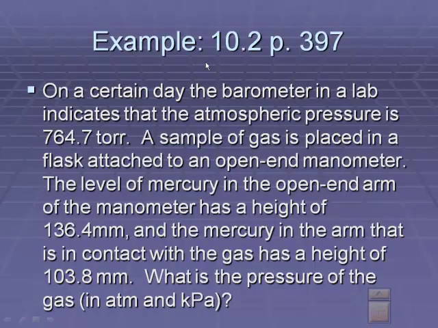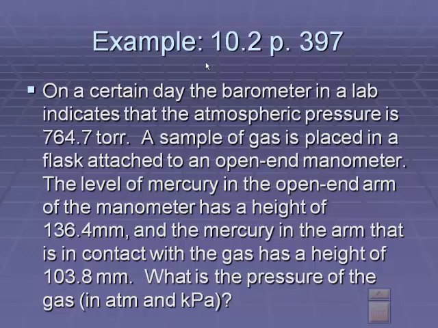And this is where I need you guys to look in your textbook at the bottom of page 397 for example 10.2. And here's the question that they put on there. It says, on a certain day, the barometer in a lab indicates that the atmospheric pressure is 764.7 torr. A sample of gas is placed in a flask attached to an open-end manometer.